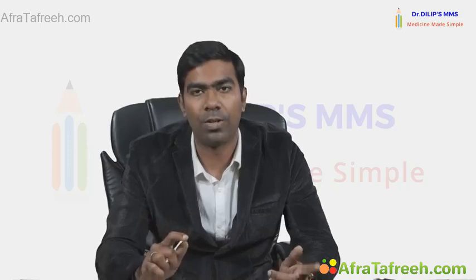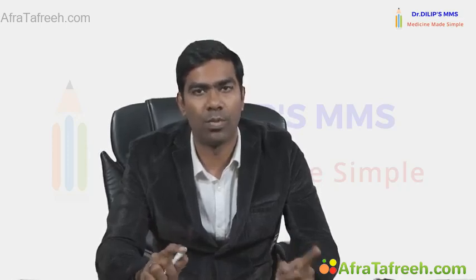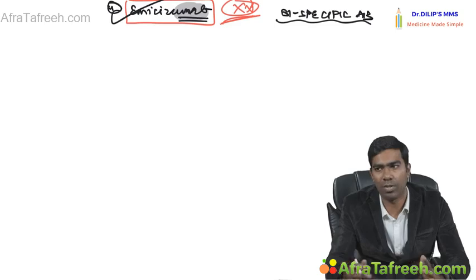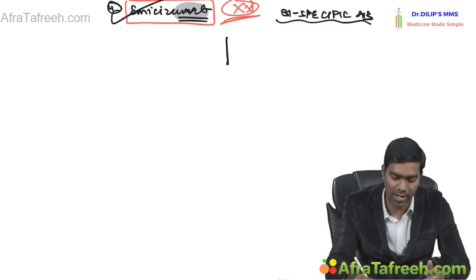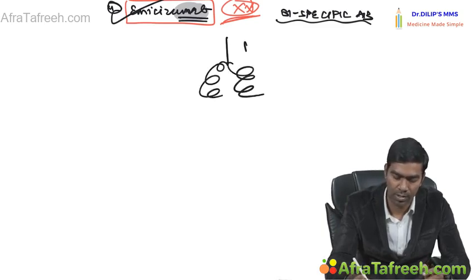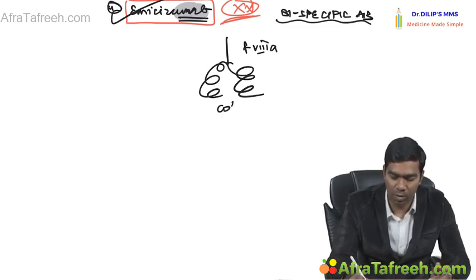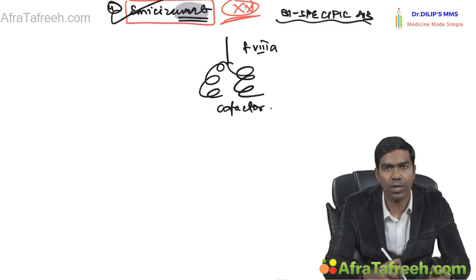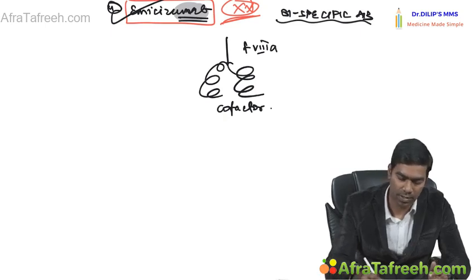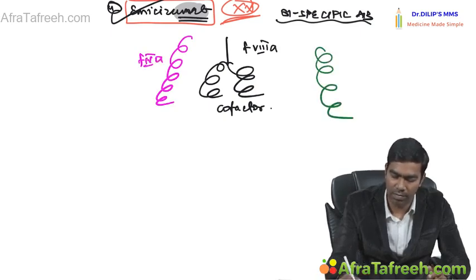First, to understand how emicizumab works, you have to understand how factor 8 works. Let us put an activated factor 8, and it works like a cofactor. How does it work like a cofactor? Because it brings two factors together. Let us assume this is factor 9 in activated form, 9A, and you have factor 10.